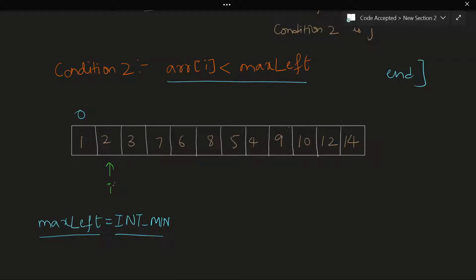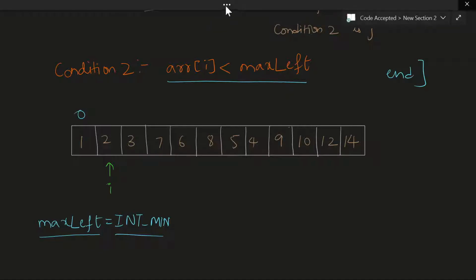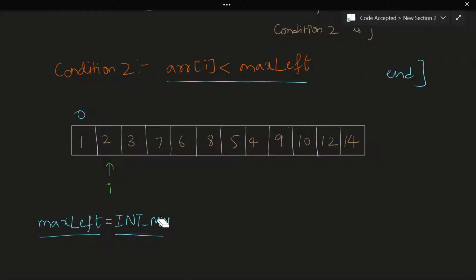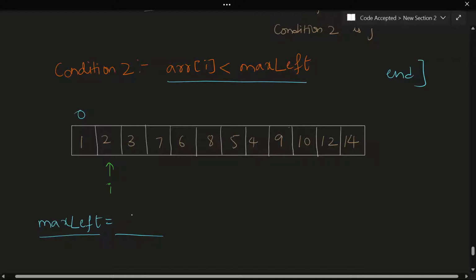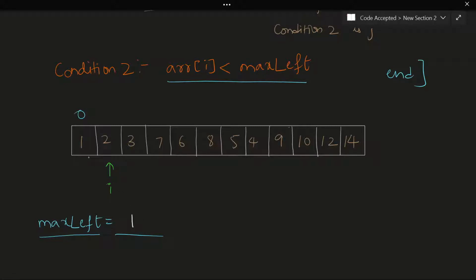Now let's check again. And we also have to update the max left variable. As the previous index was greater than the max left, I am updating it. So the max left now became 1. Now check again. Is the current element less than max left? No, it's not. So we move forward.